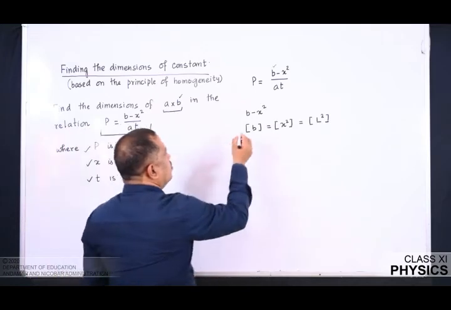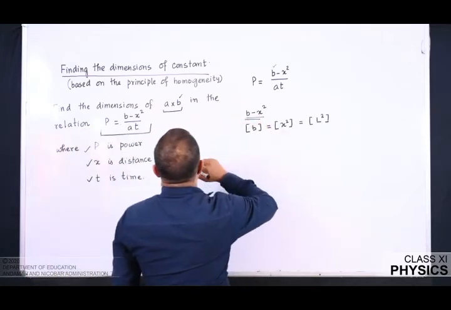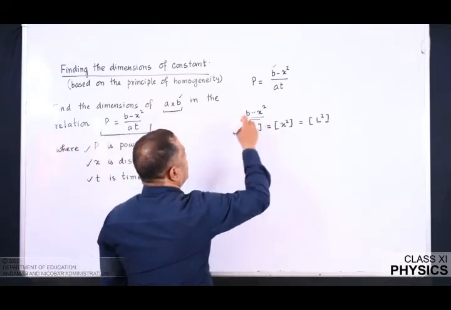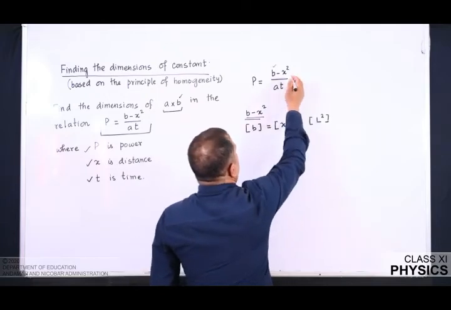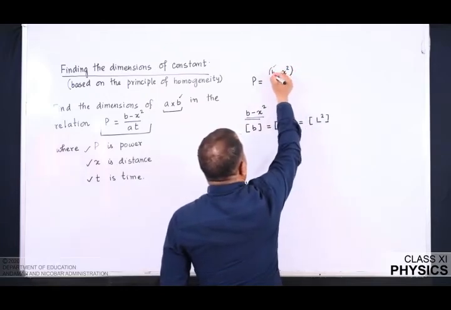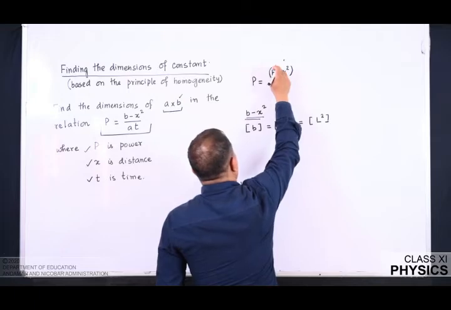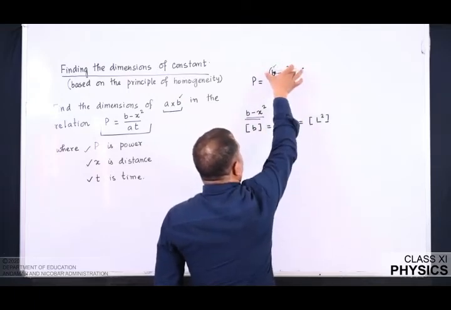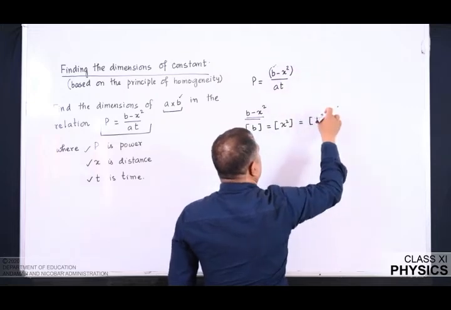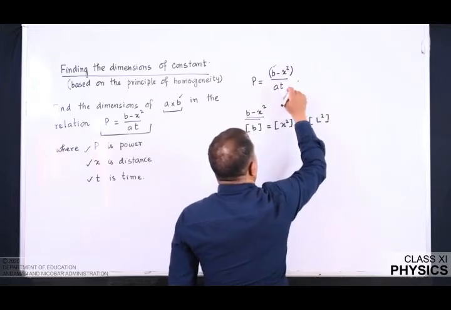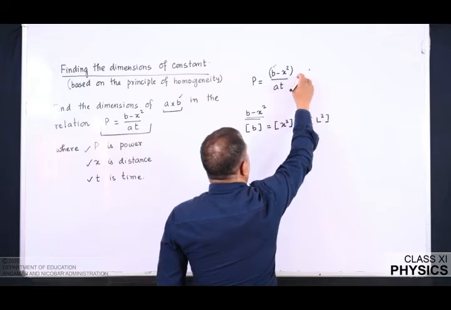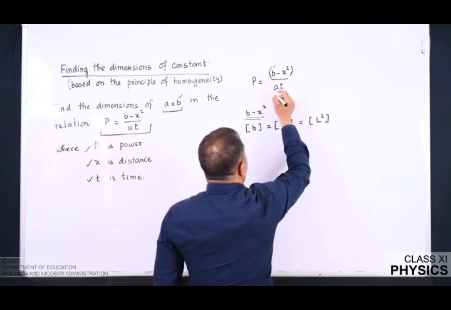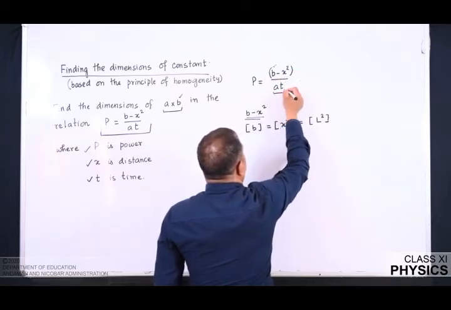Now, to find the dimension of A, I see that in the numerator B minus x square, the dimension of B and the dimension of x square are both the same. So, in the numerator the dimension is 2 dimensions in length. At the same time, it is divided by A and t.